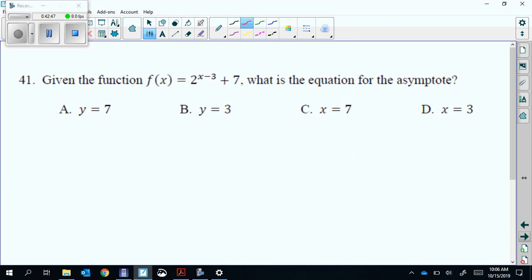All right, given the function, we're going to find the equation of the asymptote. Now, these functions that have an exponent, 2 to an exponent, they all look like this, which means they have horizontal asymptotes. They have an asymptote that goes right there. That horizontal asymptote has to do with the vertical shift.